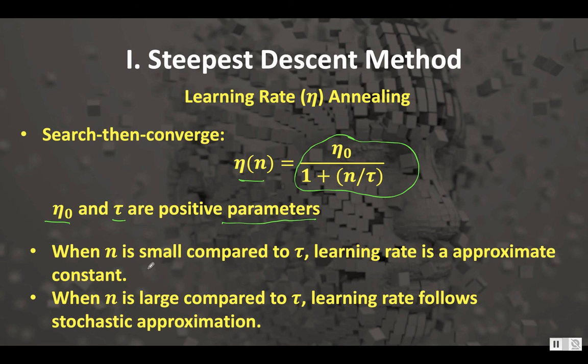When n is small compared to tau, the learning rate is approximately constant, like we showed before. When n is large compared to tau, the learning rate follows the stochastic approximation as we showed in the previous approach.